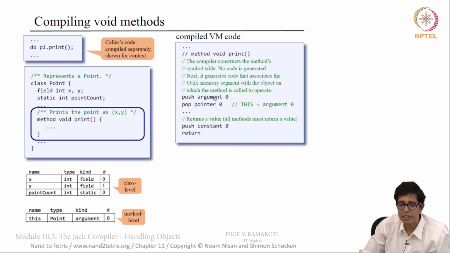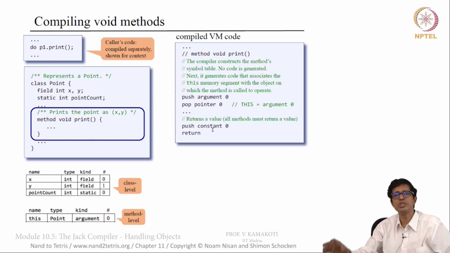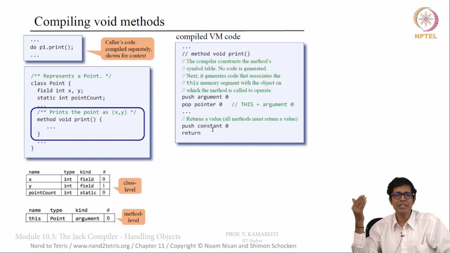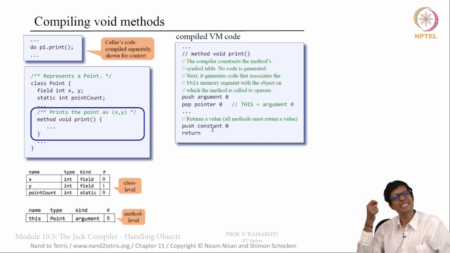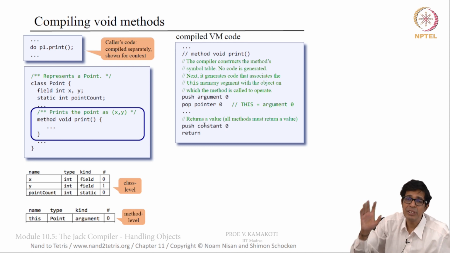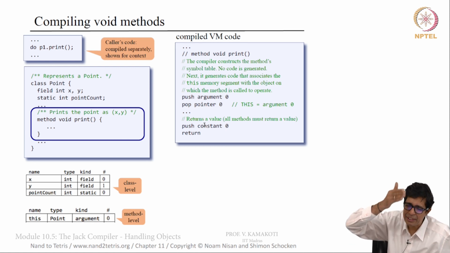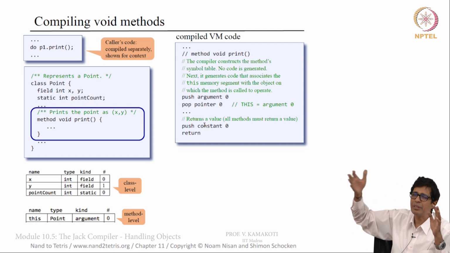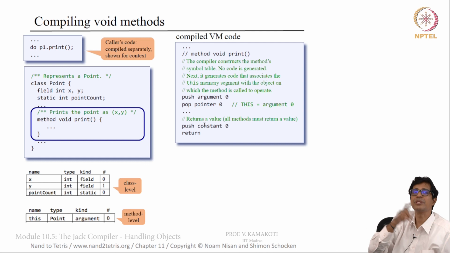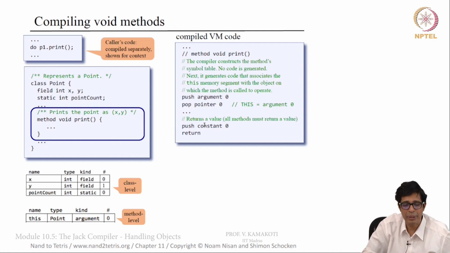Then do whatever you want. Any calling VM code assumes that any subroutine will return some value. The way we have implemented the relation between the calling function and the called function is that the called function always will return something. That is how we have implemented the VM.